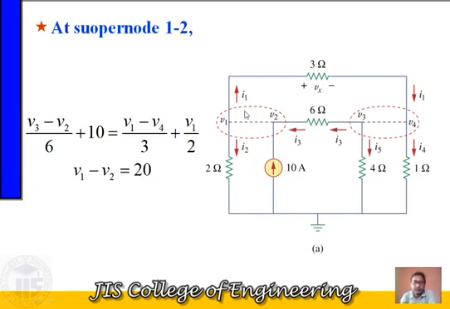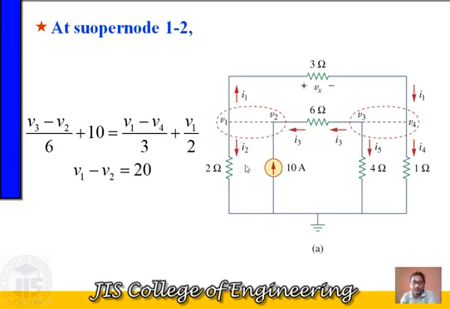From this super node, I1 current is going out, I2 current is going out, I3 current is coming into that super node, and the 10 ampere current is going into the super node. So I3 and 10 ampere currents are going into the node, and I1 and I2 currents are going out from the node.